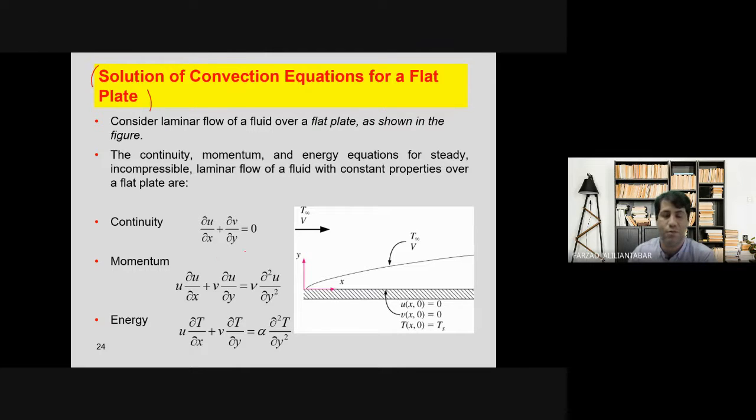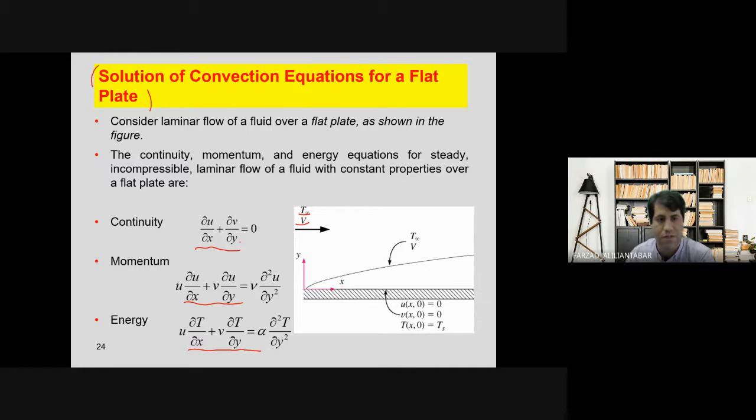But here we are not going to do that, and we just show the differential equations for continuity, momentum, and energy for a plate like this when fluid is flowing above it with initial temperature T infinity. The coordinate system we select is like this.